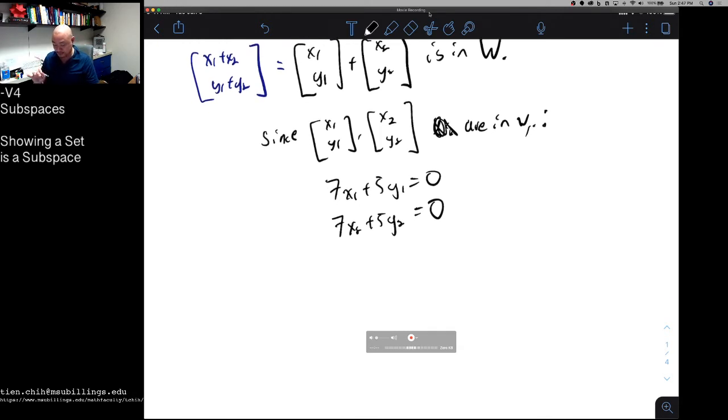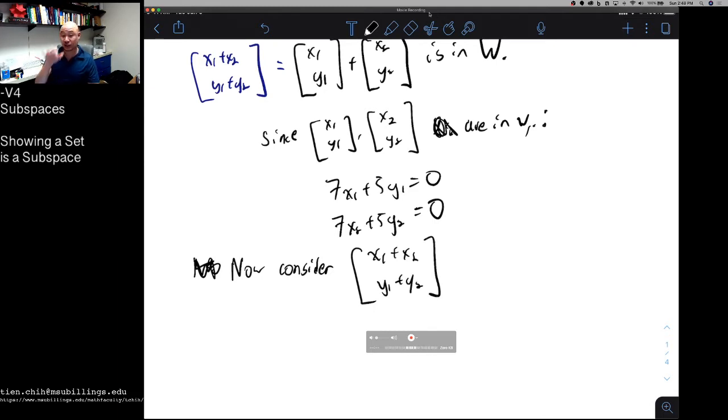And so now what we want to do is consider (x1 plus x2, y1 plus y2). Does this vector also live in W?